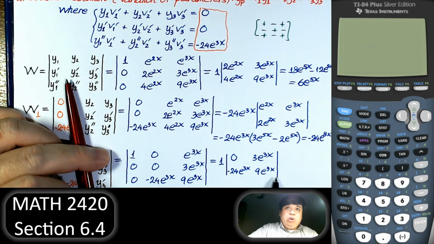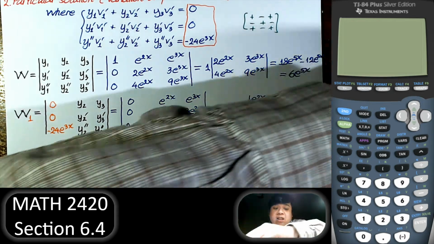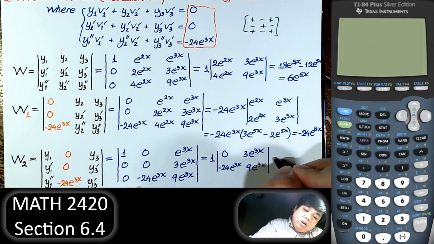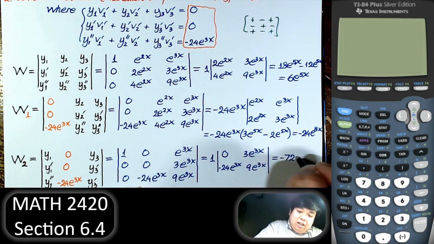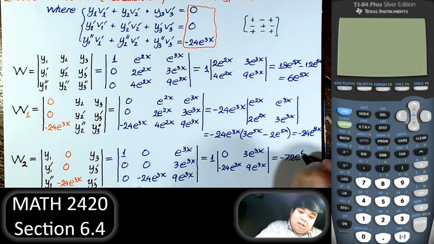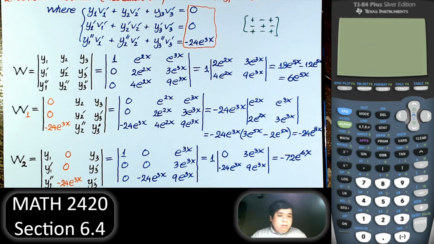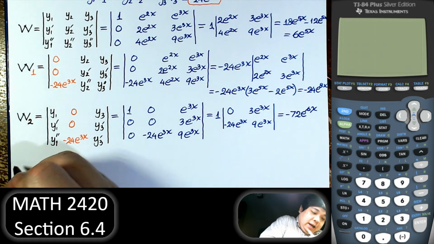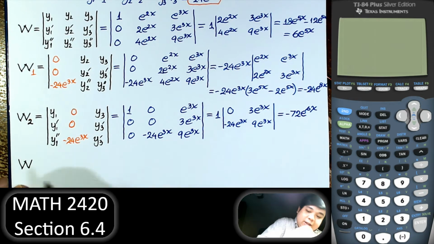And for zeros, we don't need to write that because 0 times anything is 0. Right, so that could be 0, and 3 times 24 is negative 72. e^(3x) times e^(3x), 3x and 3x combined give us 6x. Right, and then W3.